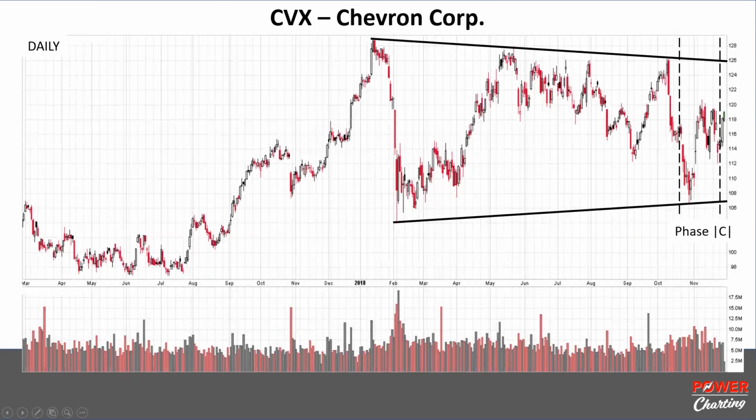Terrific. Let's do this. So here's Chevron, which is an important bellwether integrated oil stock. And here we can see that Chevron itself had an important decline into the late October low, and thereafter had an excellent rally that took it up into the mid-level of the trading range.